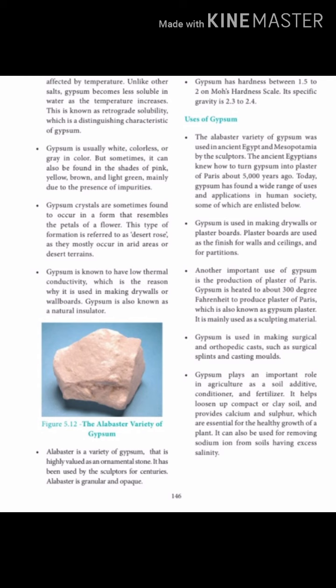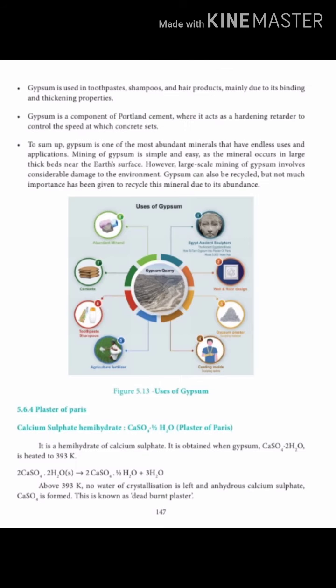In Portland cement, gypsum acts as a retarder to control the speed at which concrete sets. To sum up, gypsum is one of the most important minerals, with endless uses and applications.